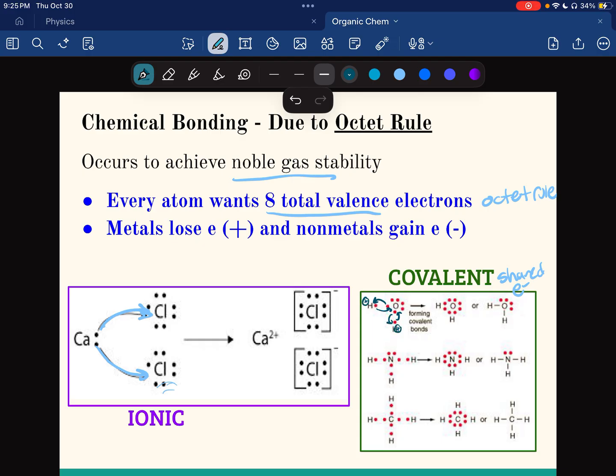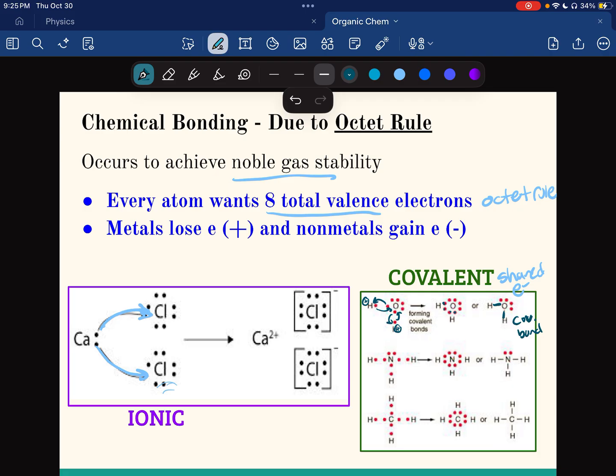You don't have to draw all these arrows when you're doing it, but you can just think of it. And then you can draw the bonds like this rather than as 2 dots. Sorry, that looks messy. It shows that they're covalently bonded, which means that they're sharing those electrons.